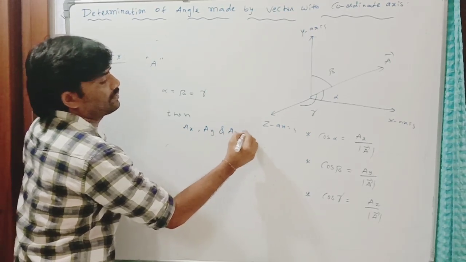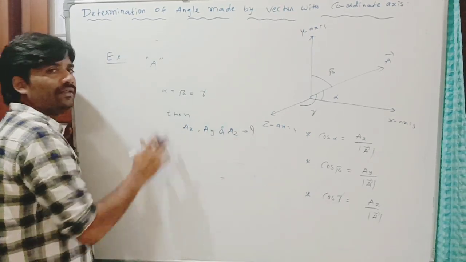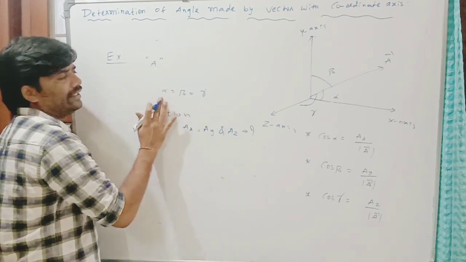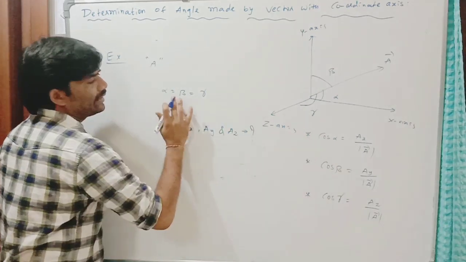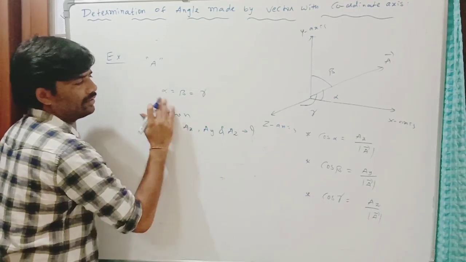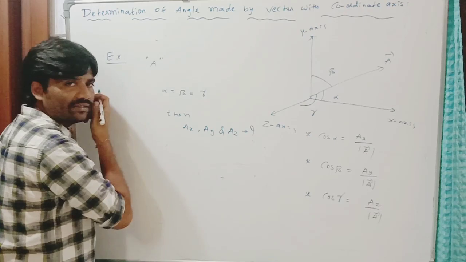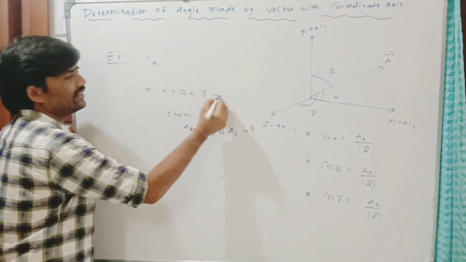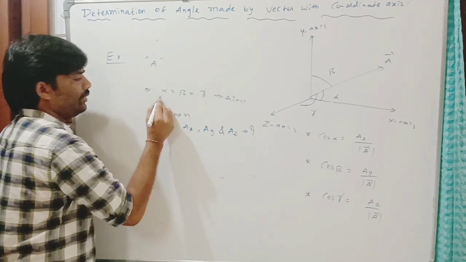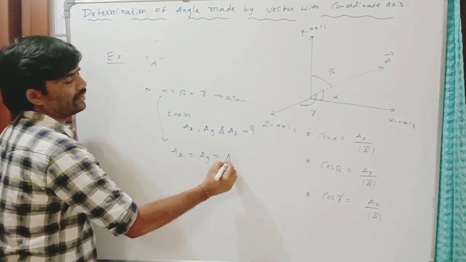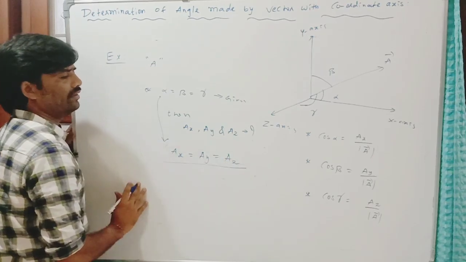This is the vector with magnitude a making same angles. If alpha, beta, gamma are equal, cos alpha equal to cos beta equal to cos gamma, so from this you can understand x component is equal to y component and z component. All three components are equal.